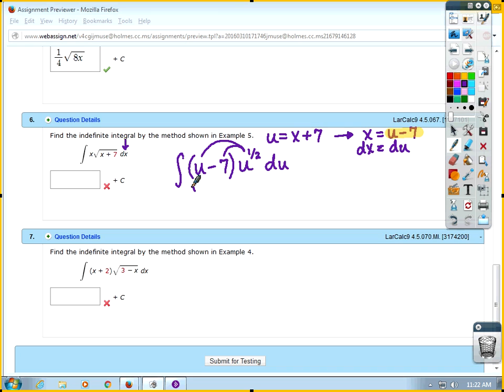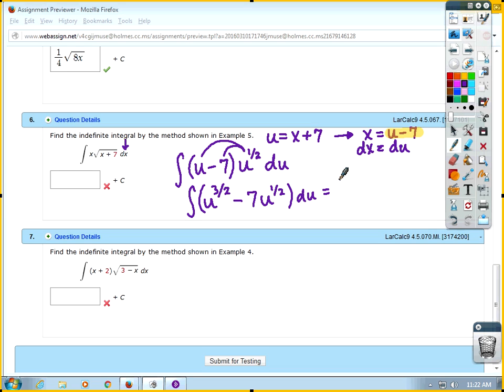Okay, so to solve this integral, we're going to have to distribute this u to the 1/2. So that will give us u to the 3/2 by adding our exponents, 1 plus 1/2, minus 7u to the 1/2. Okay, so use your power rule.